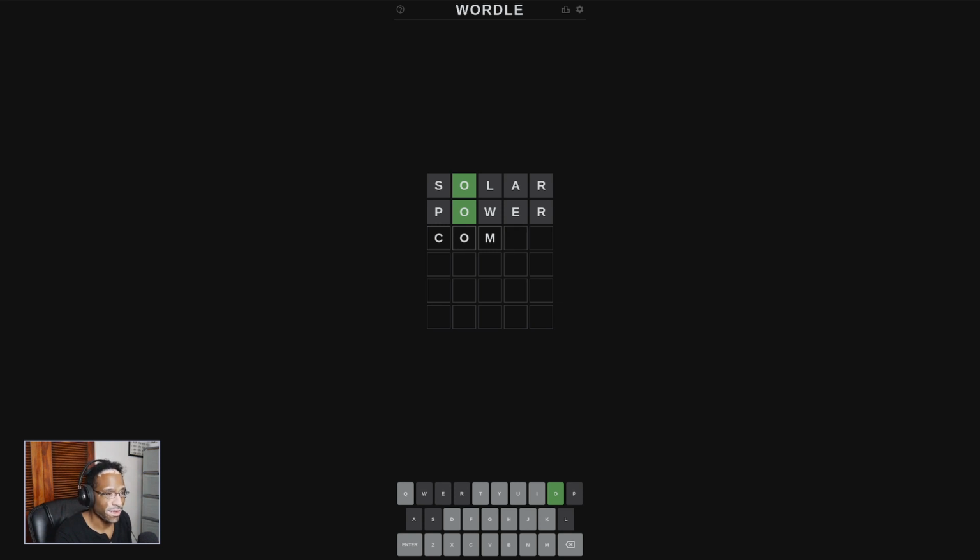Comet and commit. Call. Moire, like a moire pattern. But R and E are not in there. Could be I.